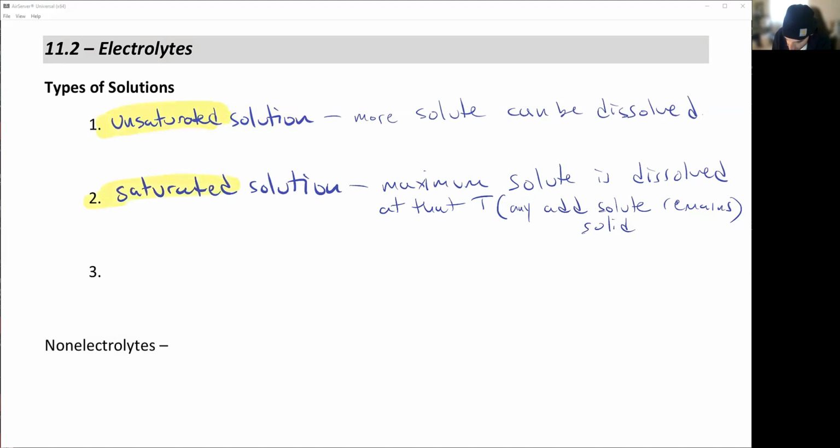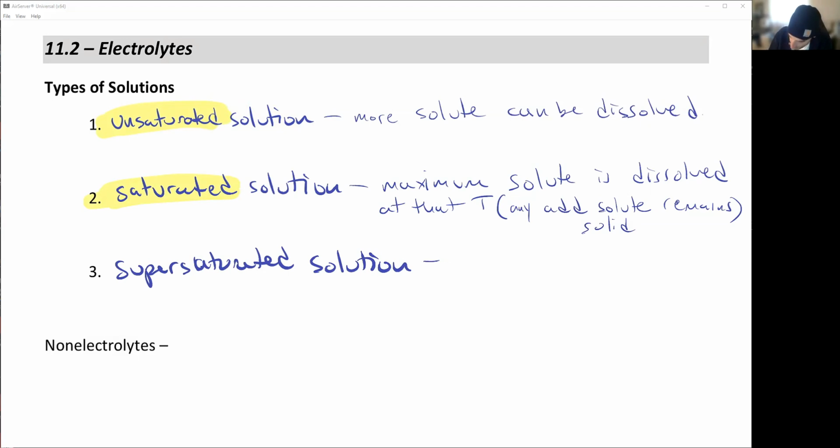unsaturated and saturated solution. There is a special case where you can actually have more solute than should be dissolved. We call that a supersaturated solution. A supersaturated solution is the circumstance where you actually have more solute than it should.